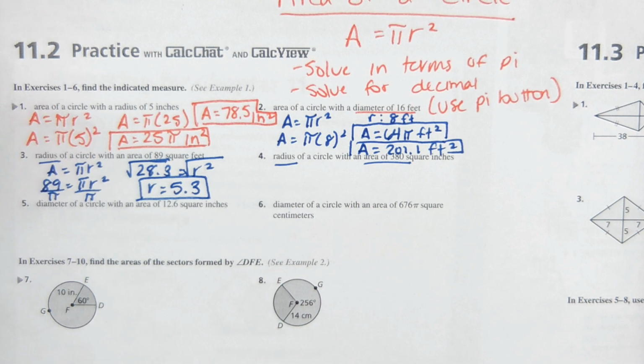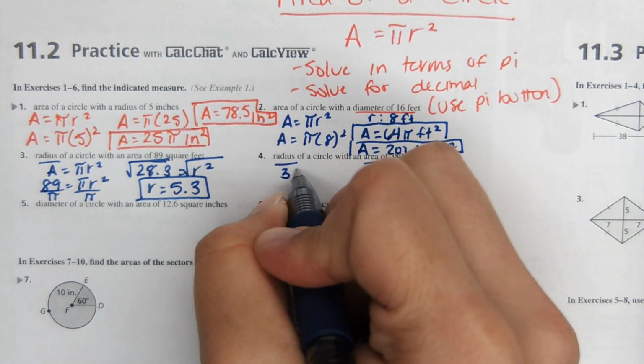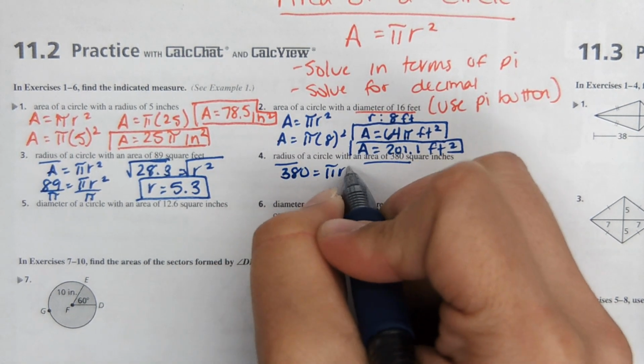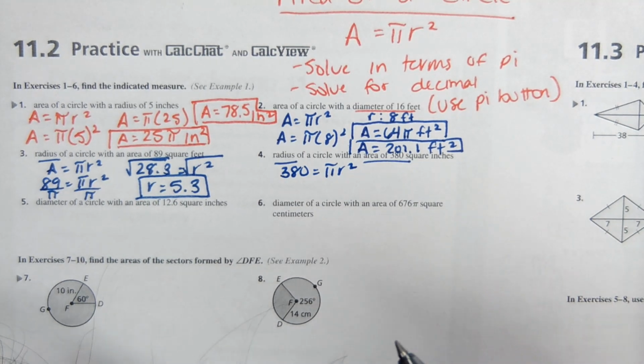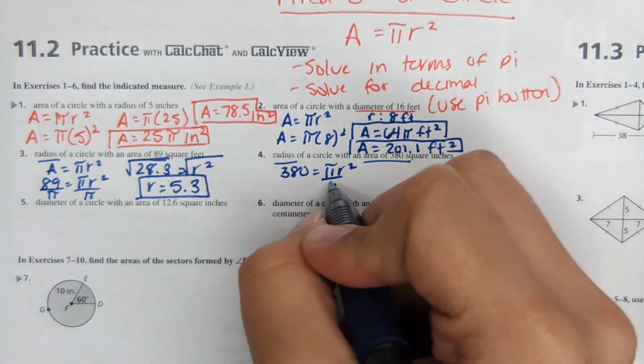Okay, I'm going to do that one more time with this. So 380 equals pi r squared. Divide by pi.